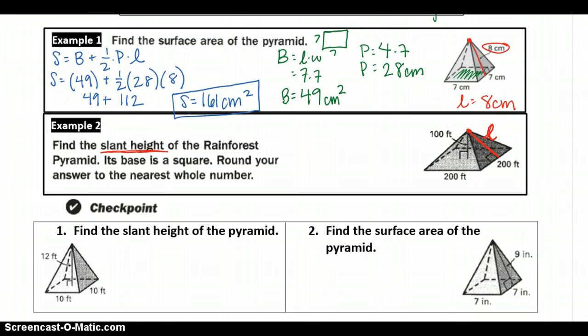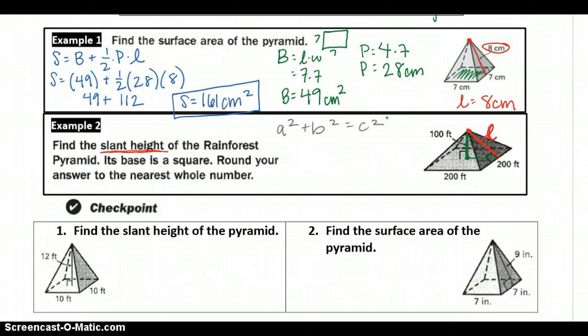But you can see that the slant height forms a triangle with the height of our pyramid and with the distance from the center of the pyramid to the edge of the base. So since we have a right triangle, we can use the Pythagorean theorem, which is a squared plus b squared equals c squared.